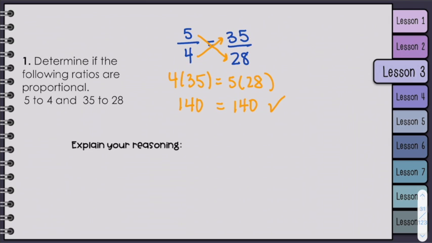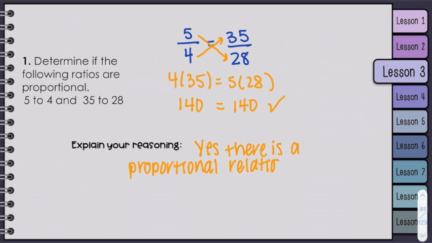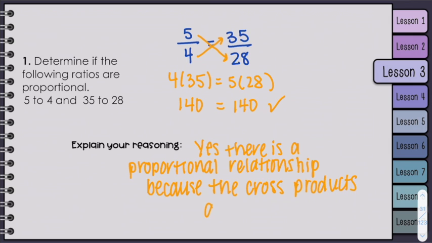So that means yes, there is a proportional relationship because the cross products are equal. And that's our reasoning.